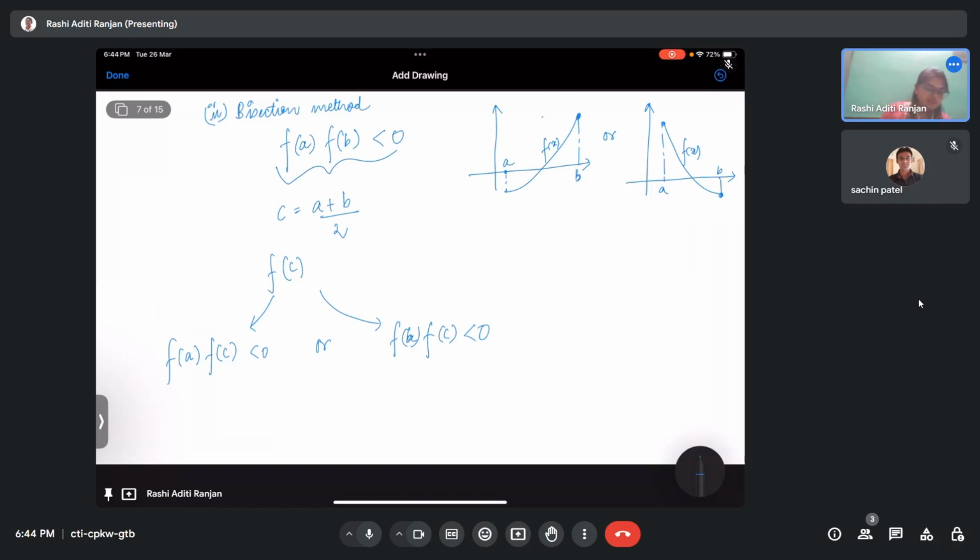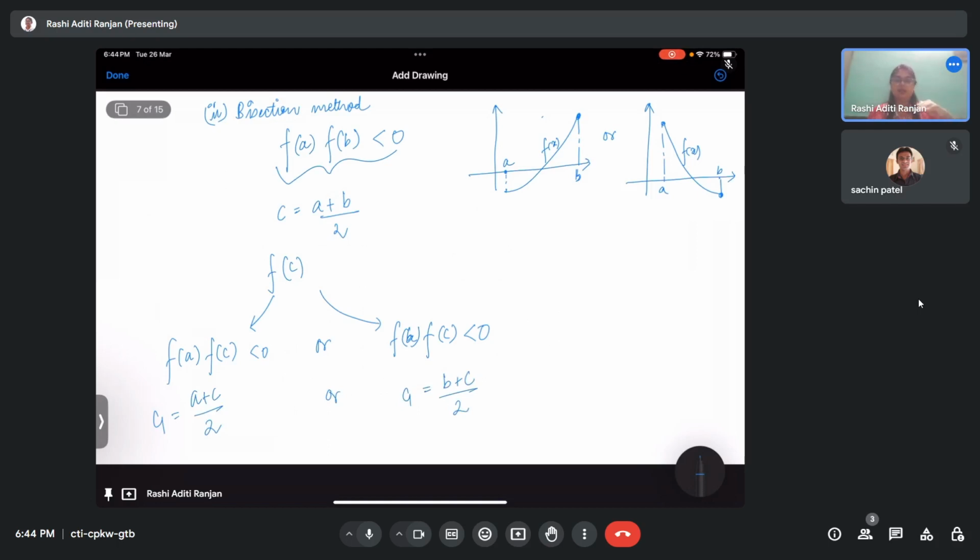In that case, whichever my system satisfies, I now assume that my new root c1 is a plus c by 2, or b plus c by 2.